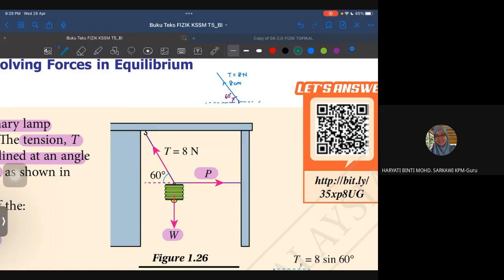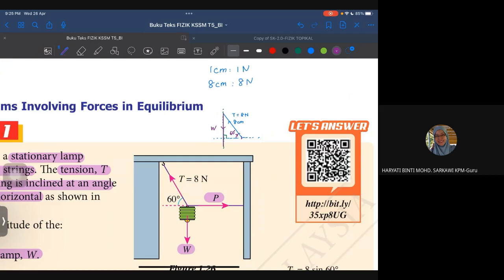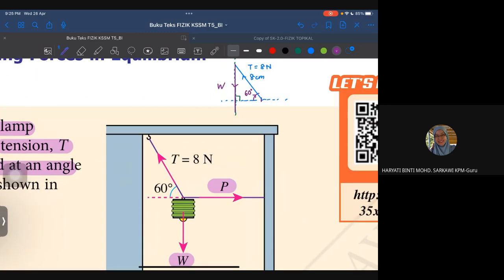This one you need to make sure that the angle is correct. So this one must be 90 degree. And you draw W at the end of T. Okay, like that. So this is your W. Then P will be horizontal. See here, P is horizontal.